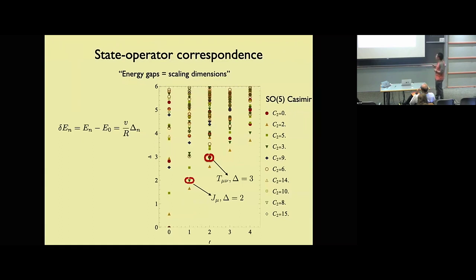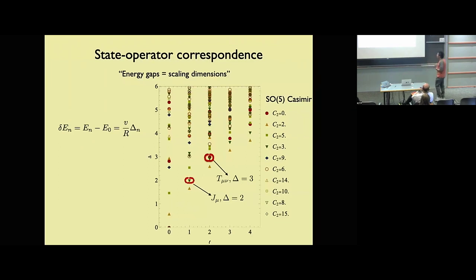We can also find the SO(5) conserved current, which has angular momentum 1 and scaling dimension 2, and is an SO(5) adjoint. From these 2 operators, we can rescale my energy spectrum to be the scaling dimensions. After this rescaling, the rest of the energy gaps will be just scaling dimensions, plus finite size corrections.